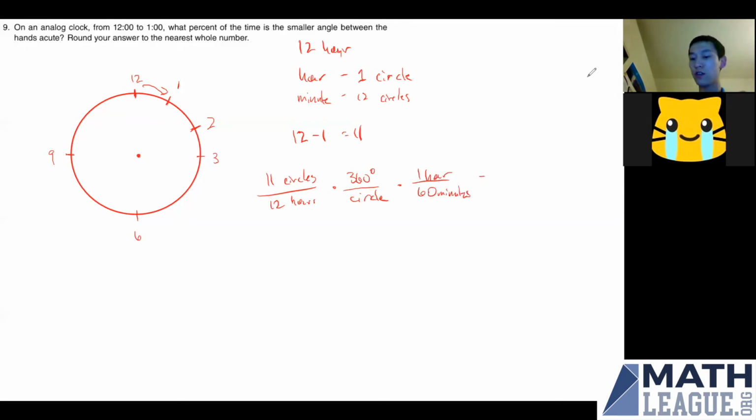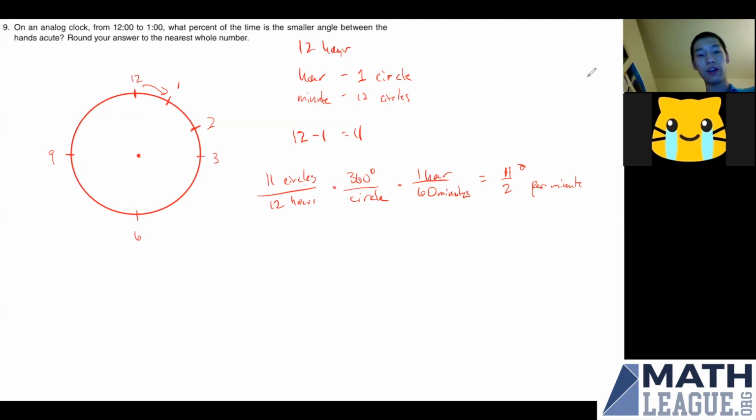If you do all this, you'll get 11 halves degrees per minute. Okay, cool. This gives us something to work with. So let's consider this: that basically means that every minute, the minute hand moves 5.5 degrees more than the hour hand.